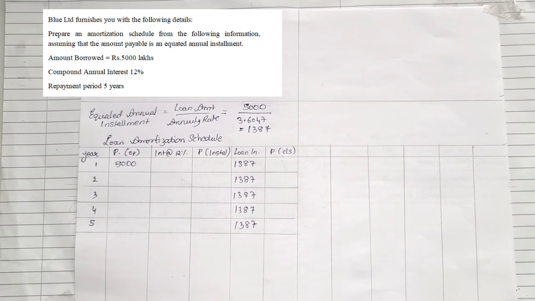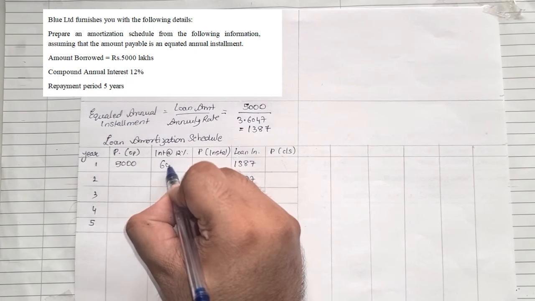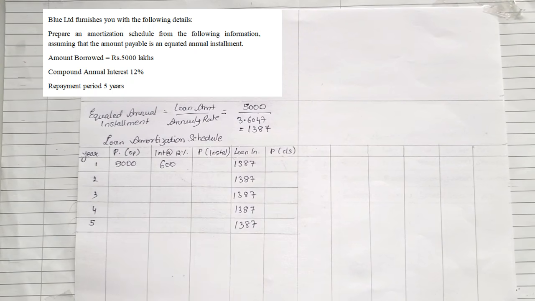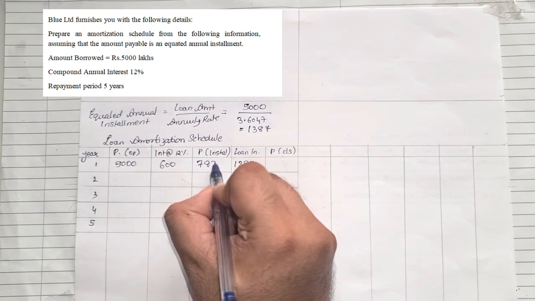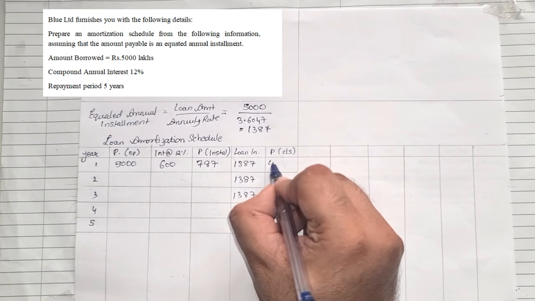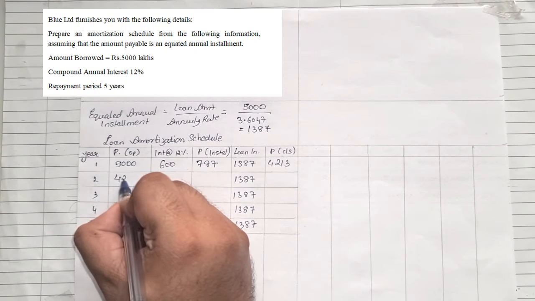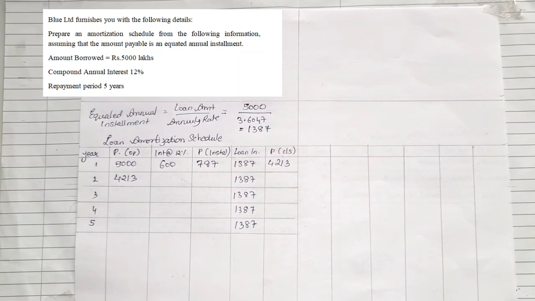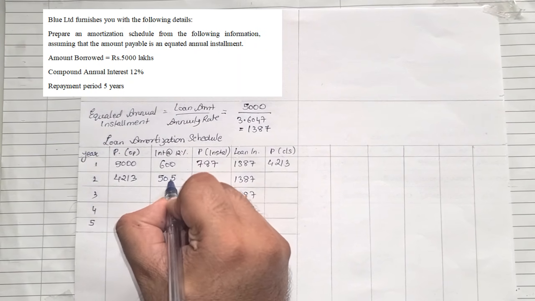First 5000 into 12% is 600. Thereafter 1387 minus 600 will give you the installment value 787. So 5000 minus 787, the value will come to 4213. Last year's closing will become this year's opening. 4213 into 12% will give you 505.